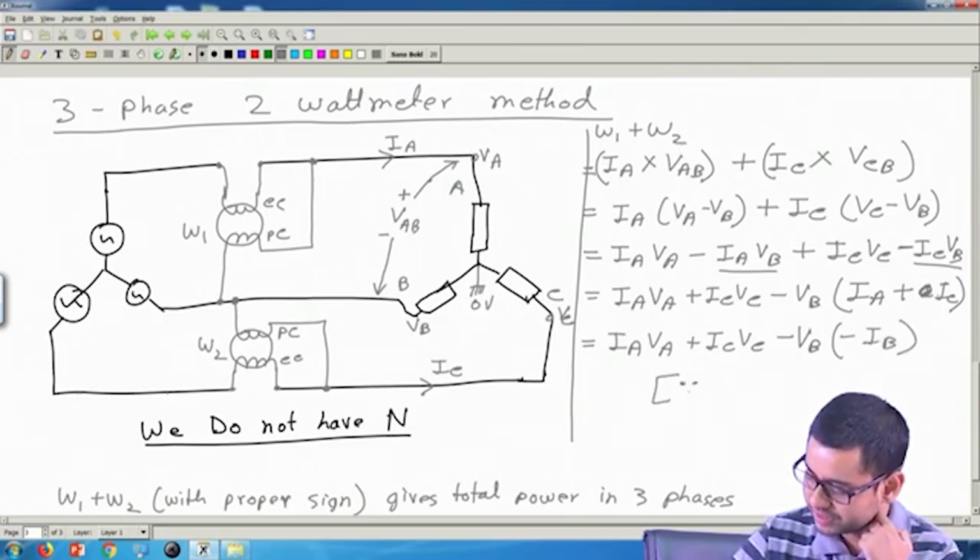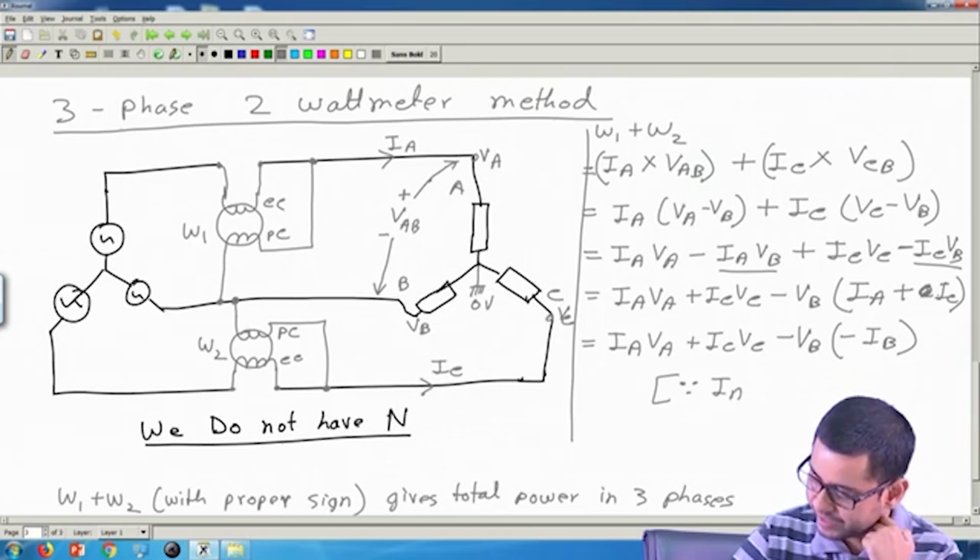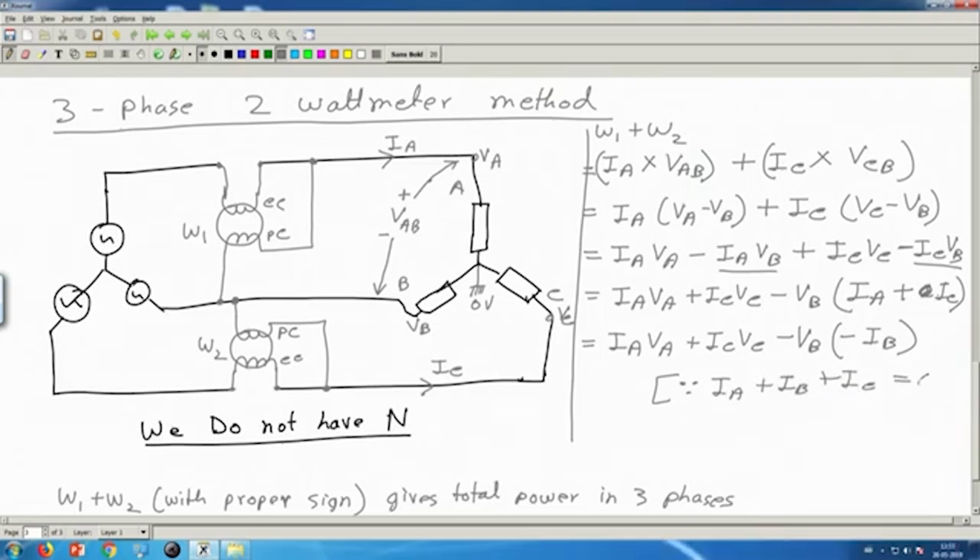Because IA plus IB plus IC is equal to 0. Because we do not have the fourth wire, we do not have the neutral wire, therefore the sum of these three currents should be 0. This is KCL. And therefore IB is nothing but minus IA minus IC.